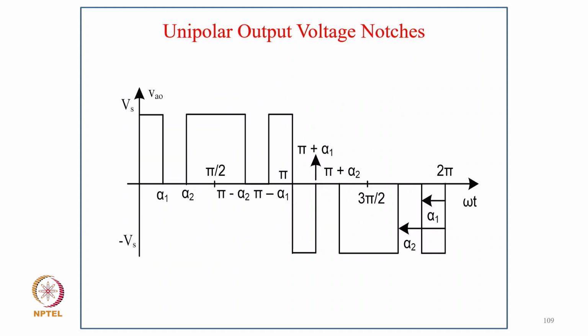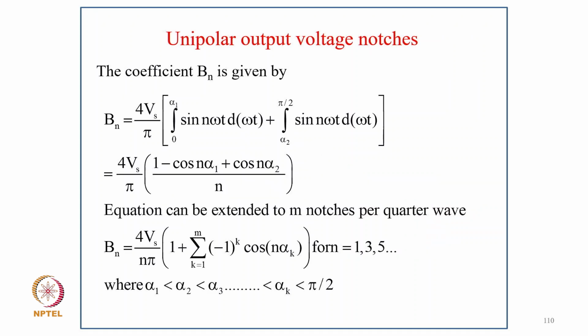Now this is the unipolar output voltage notches, and coming to the coefficient Bn, Bn = (4Vs/π)[∫ from 0 to α1 sin nωt d(ωt) + ∫ from α2 to π/2 sin nωt d(ωt)], which is equal to (4Vs/nπ)[1 − cos nα1 + cos nα2], and the equation can be extended for m notches per half cycle.